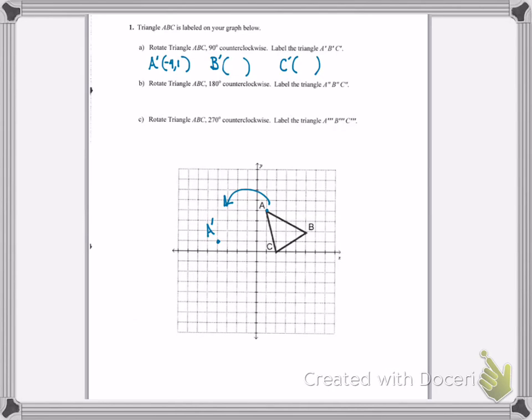Over to B, here's my original point. It's at the ordered pair of 5, 2. After a 90 degree counterclockwise rotation, we're going to be at the ordered pair -2, 5. C starts at 2, 0, and a counterclockwise 90-degree rotation is going to take it to 0, 2.